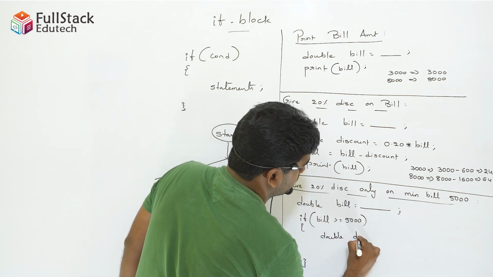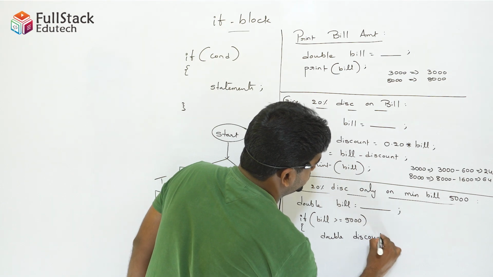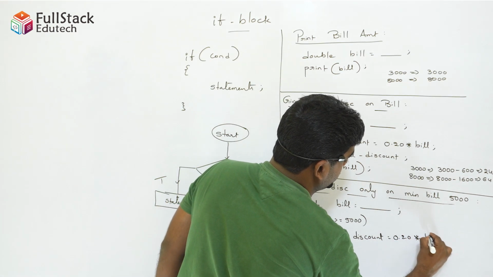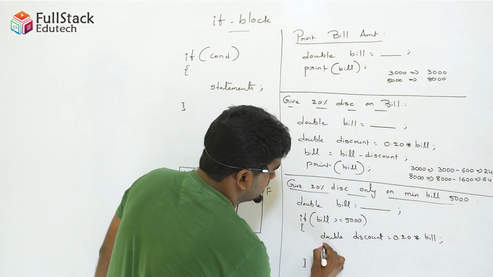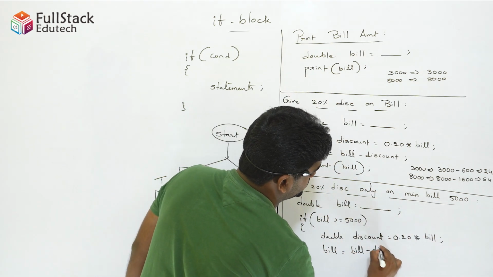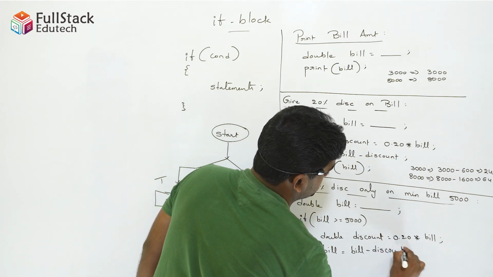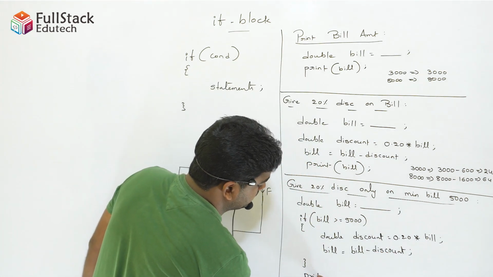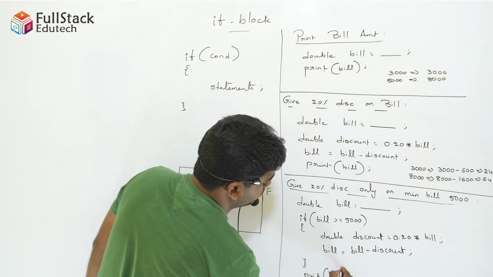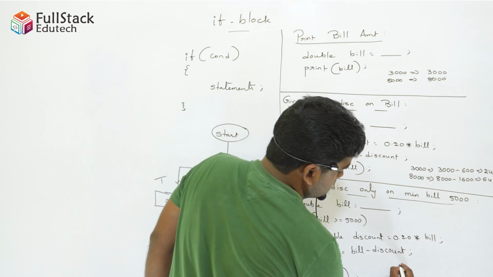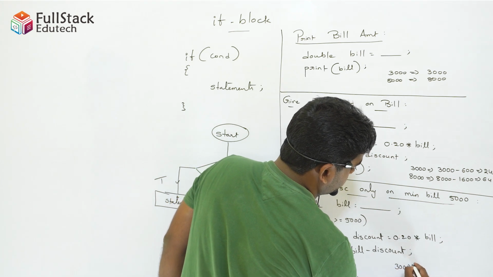Double discount is equal to the same 20% of the bill amount, and then deduct from that bill. Bill is equal to bill minus discount. Then simply we are printing that bill.